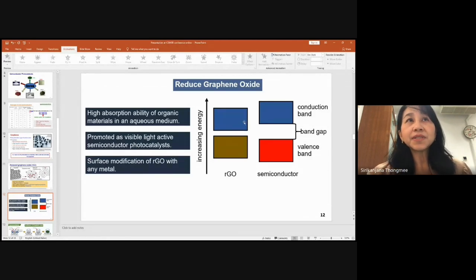You can see from this picture, between RGO and the semiconductor, that RGO has a narrow band gap, while for the semiconductor the band gap is a little bit wider. So that's why many people decorate semiconductors or metals on reduced graphene oxide. Reduced graphene oxide can be a conductor too.